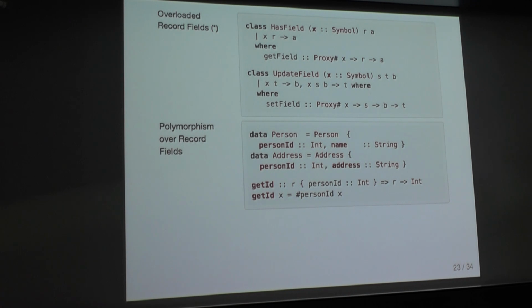But I'm not so strong in type systems, so I can't really tell you if this is the same or not. So anyway, now you can use this funny little label syntax to say, well, I mean this accessor function, right? And this constraint you see, the type of getID, will be translated to HasField, so that this type has at least the field person ID.